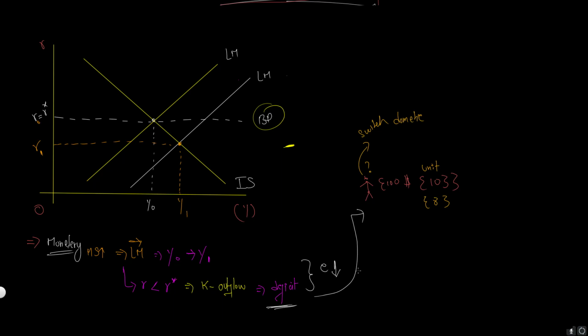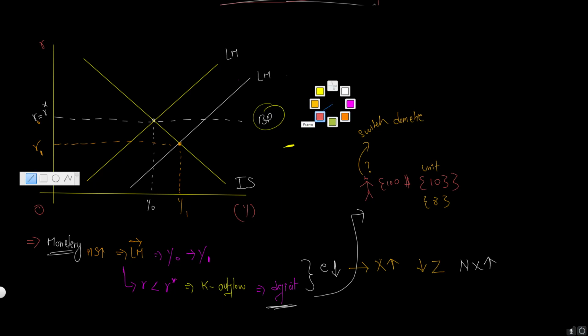So what's going to happen when we have a depreciation of the exchange rate? We would have an increase in our exports, and we would have a decrease in our imports. Therefore our net exports would increase, and we know that whenever we have an increase in net exports, the IS curve shifts towards the right, which I hope at this stage you do understand.